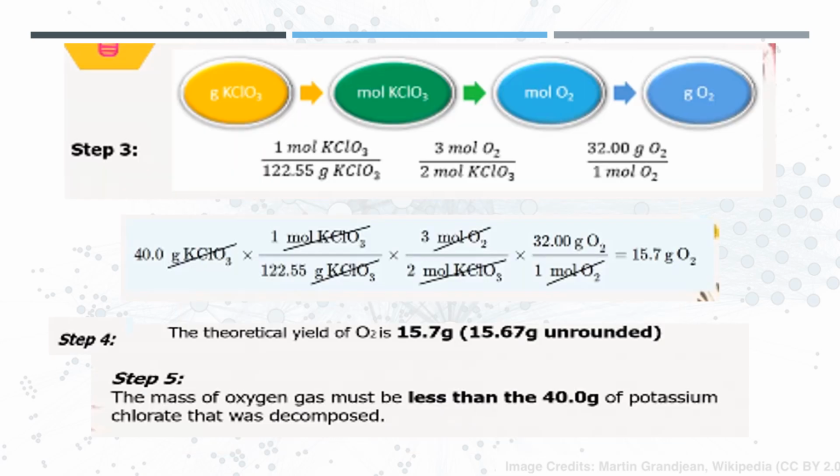The third step is to apply the stoichiometry to convert from the mass of the reactant to the mass of the product.